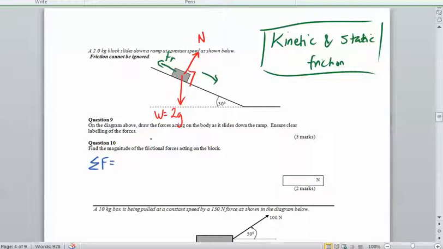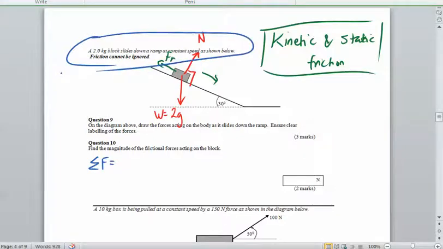Yeah, okay, but what is the net force? Think about the net force. What's the question telling us? I want you to read this part. Friction cannot be ignored, but what does it say? 2 kilogram block what? What does it say? Net force is zero. Why is the net force zero?